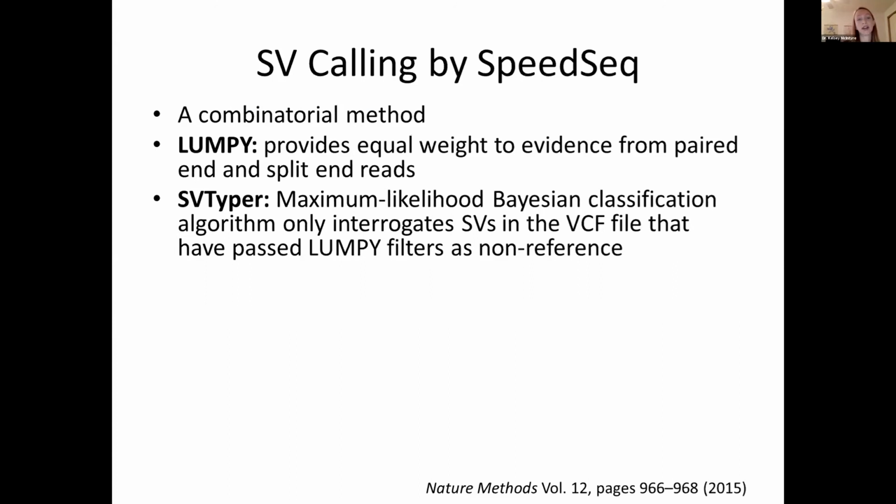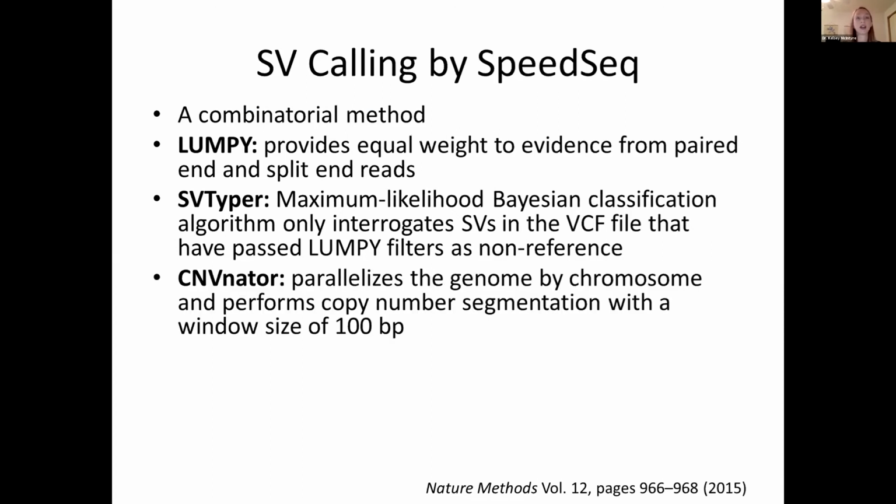And then there is a quality measure called SVtyper, which allows you to fine tune your call set based on how much overlap you require between the split read and the paired end read calls. And then it also includes our depth of coverage method called CNVnator, which uses that segmentation window size that I mentioned earlier.